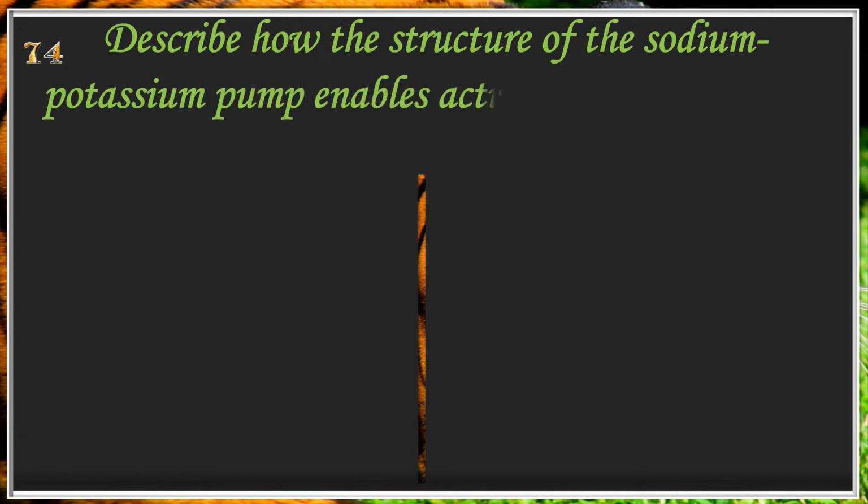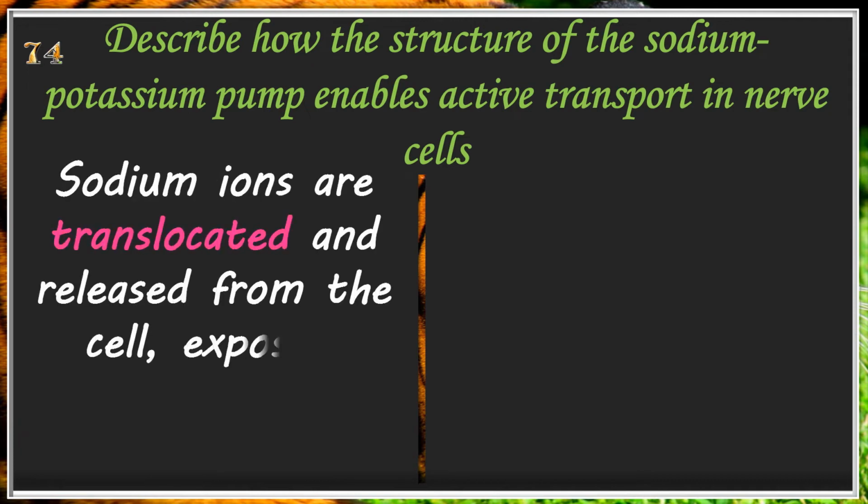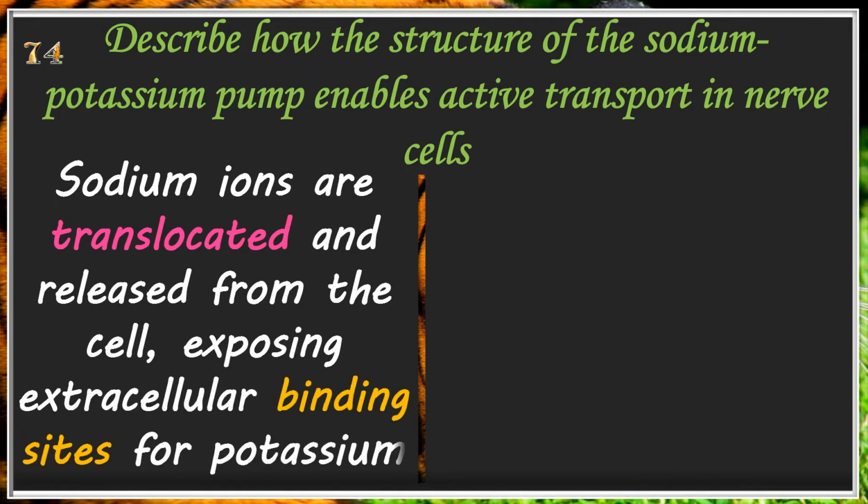Describe how the structure of the sodium-potassium pump enables active transport in nerve cells. Sodium ions are translocated and released from the cell, thus exposing extracellular binding sites to potassium.